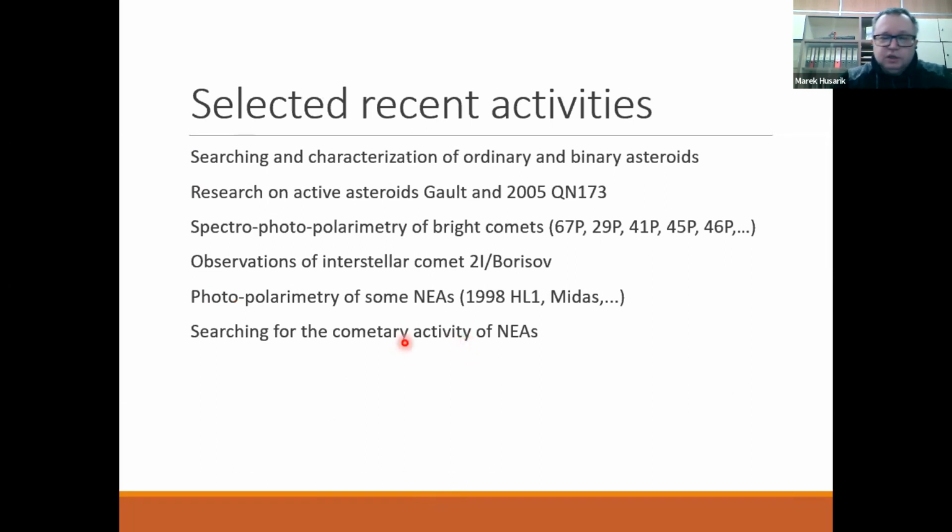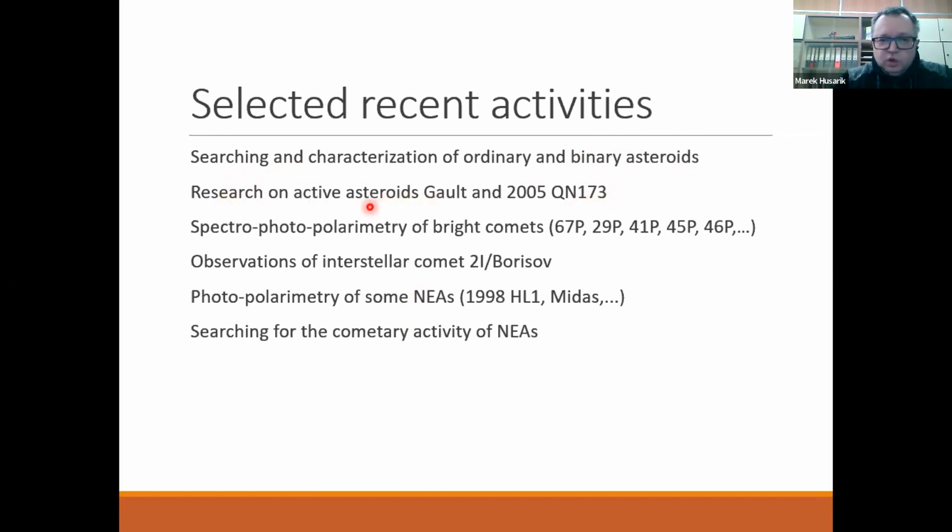Here I selected some recent activities. We do science here. We are searching for and characterizing ordinary and binary asteroids. Binary asteroids we study with our colleague Peter Pravec.